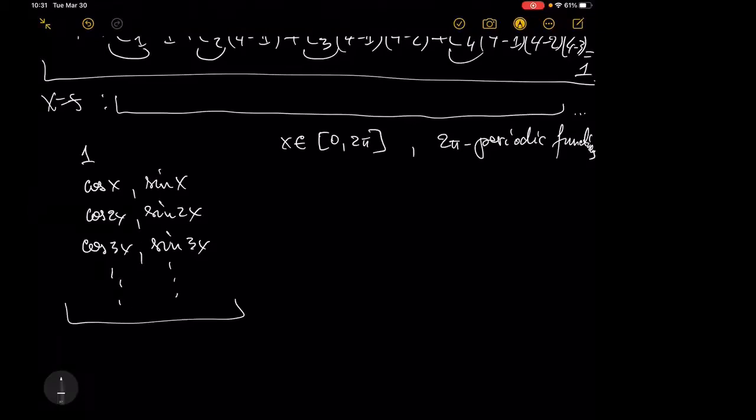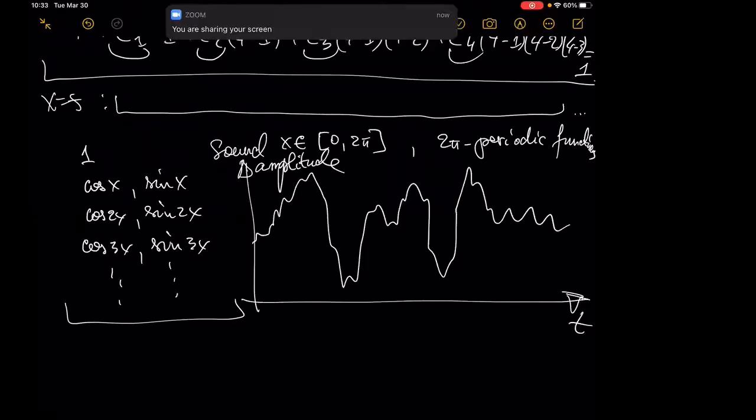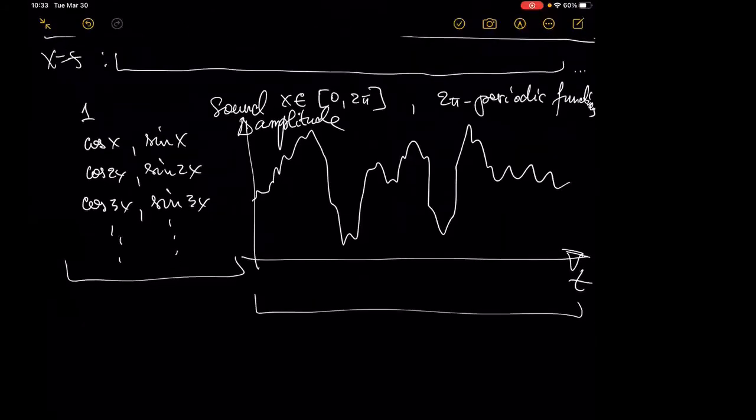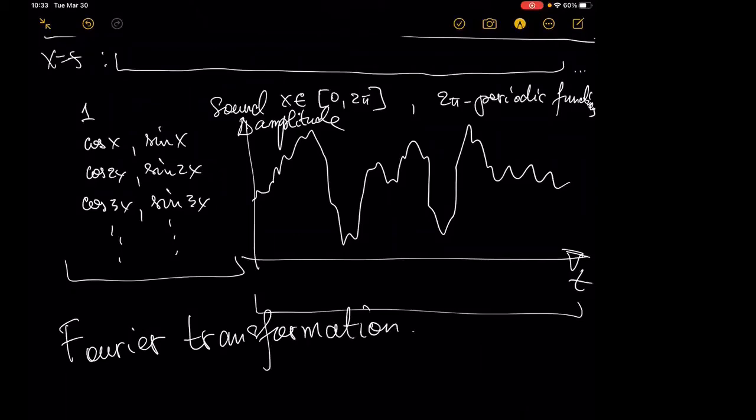And this is usually the case because, for example, if you write sound amplitude as a function of time, you may want to represent it as a sum of sines and cosines, essentially. And you can show that sines and cosines are linearly independent and they form a basis. And then this is nothing else but Fourier transformation.